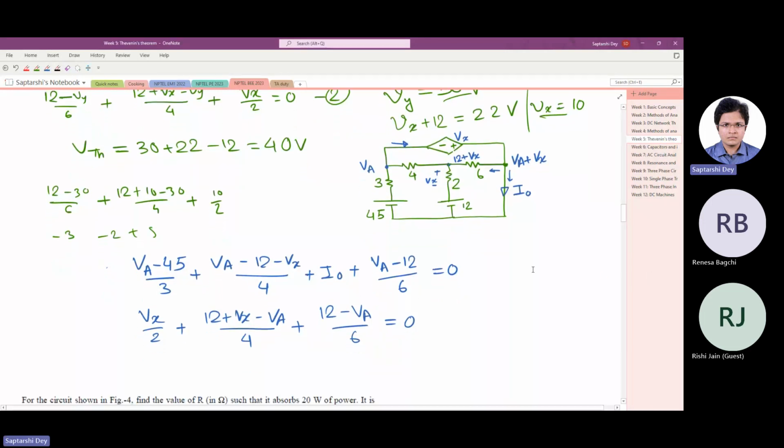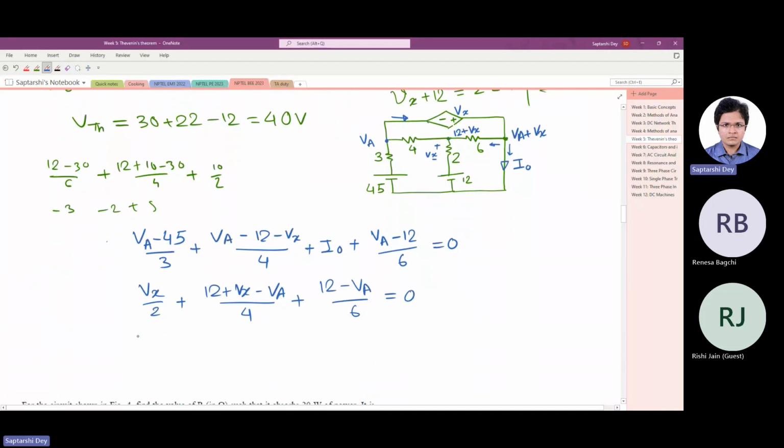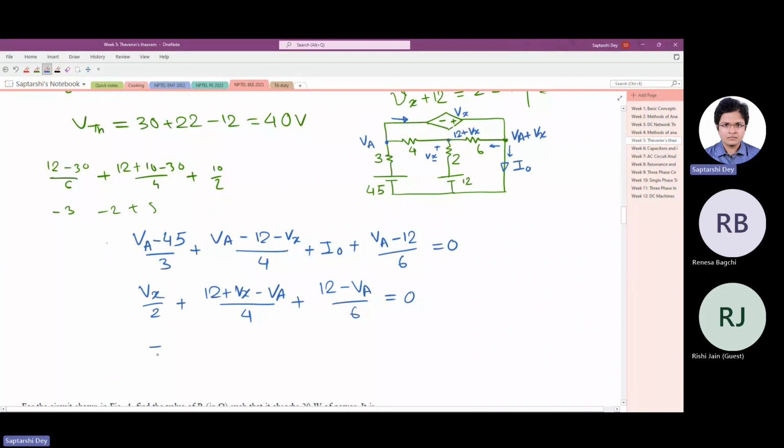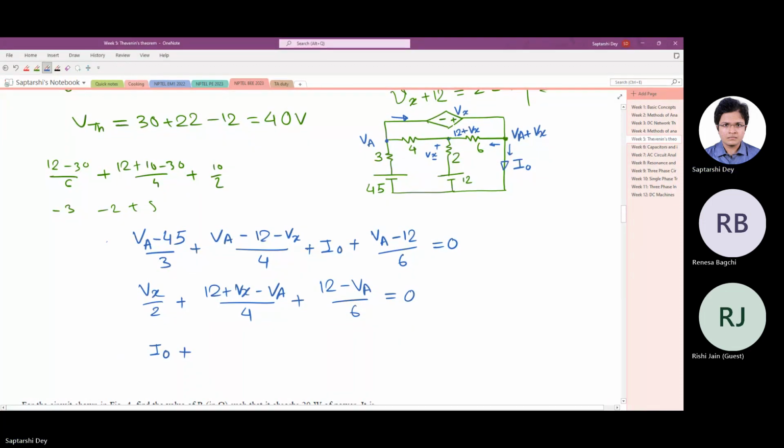Okay, let us apply the node equation on the other node. There are three nodes anyway. So the other node is, I naught current is going out, you can see. So I naught plus, here we have how much current. Wait, no, that is anyway done.